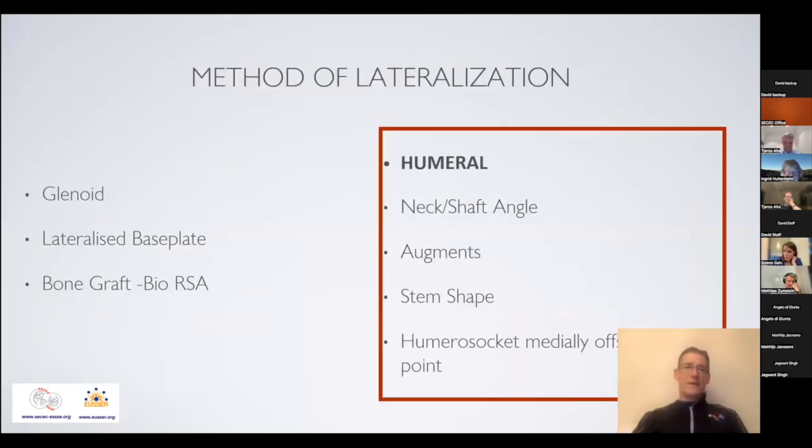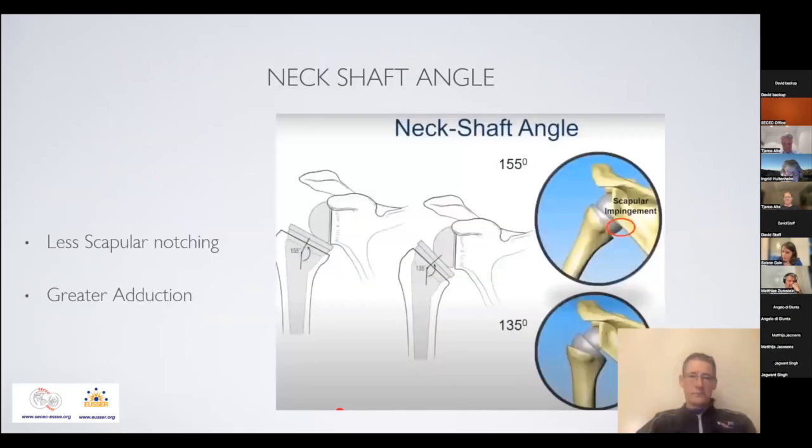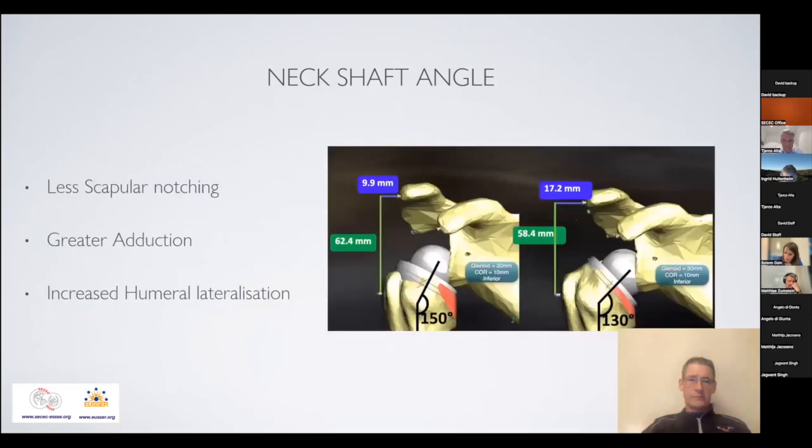Humeral lateralization can be achieved by changing the neck shaft angle, the use of either inlay or onlay humeral components, and other features such as the shape of the stem. And the effect of moving from a neck shaft angle of 155, which would be typical of a Grammont style prosthesis, to 135 is to significantly reduce scapular notching and to improve adduction.